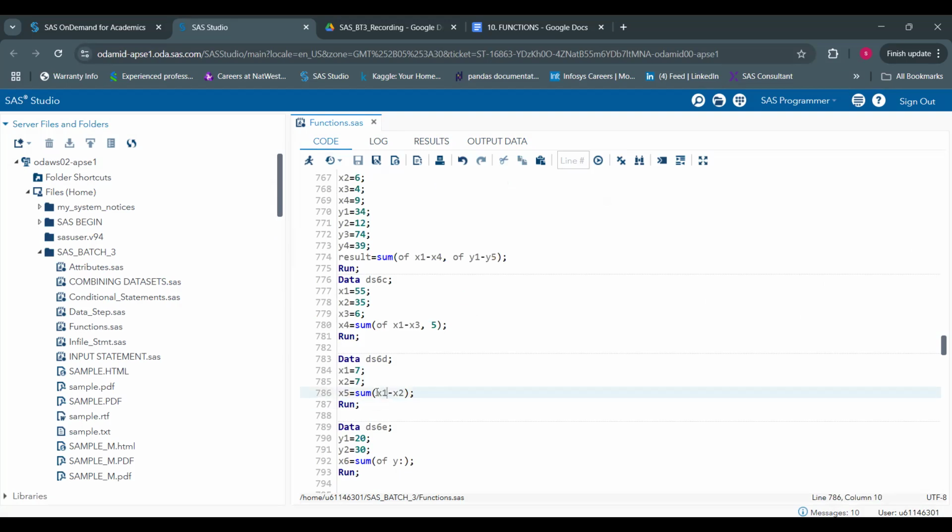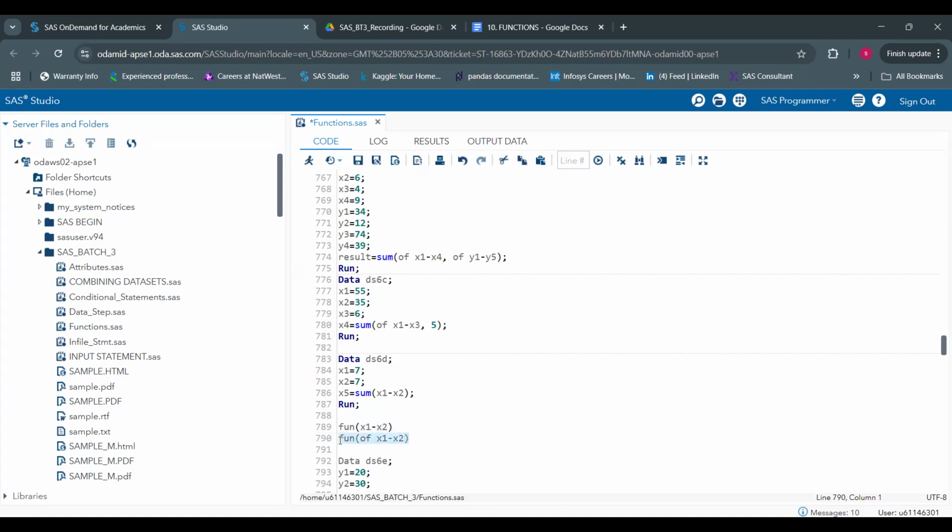We have three types of arguments in this. Either function of x1 hyphen x2, okay, function of x1 minus x2. This is called difference.